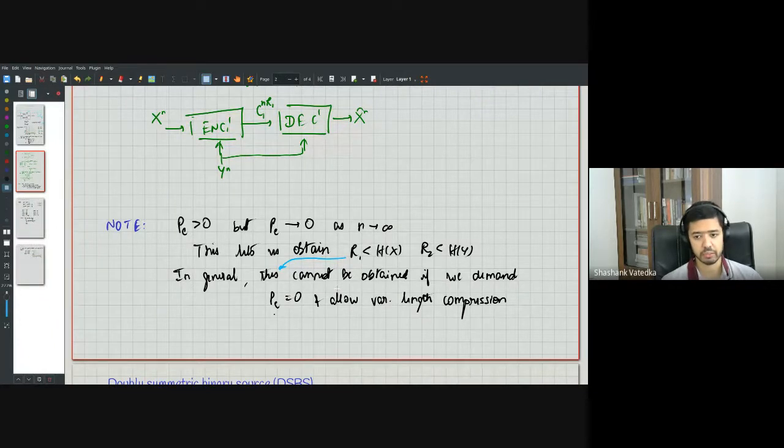The best rate that can be achieved is equal to entropy. But for distributed compression of correlated sources, for fixed length compression with vanishing probability of error, these rates strictly less than H of X, H of Y can be achieved. But generally speaking, if we want variable length compression and zero probability of error, then we cannot do any better than H of X, H of Y.